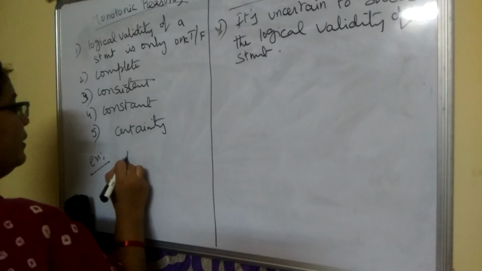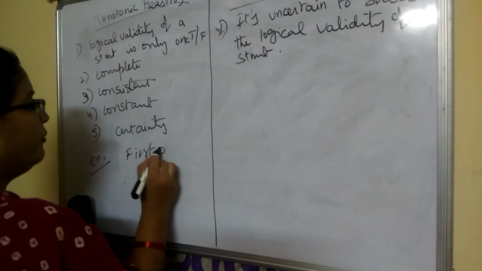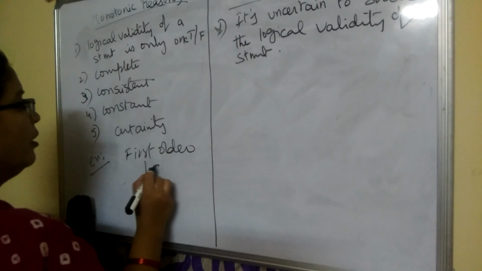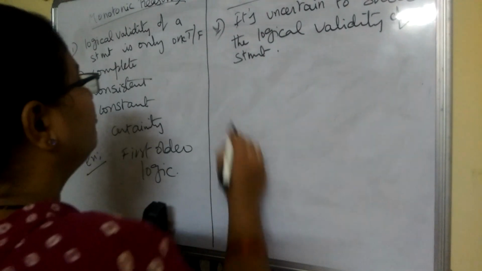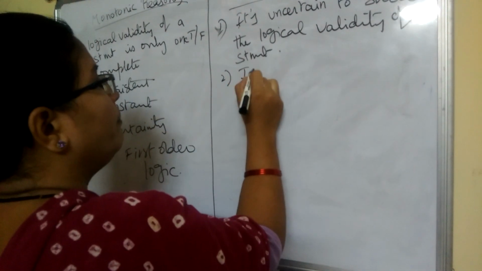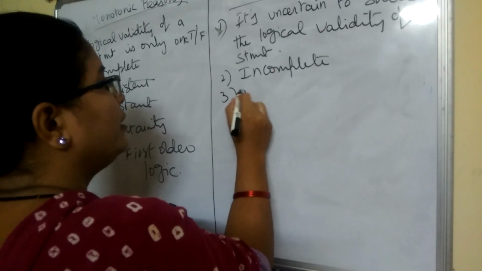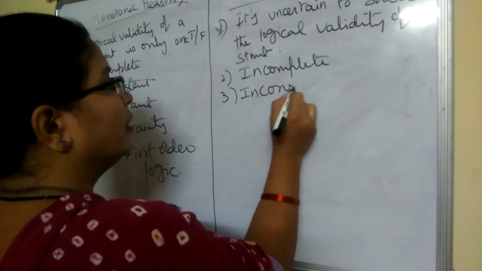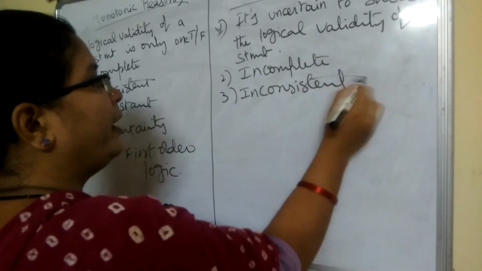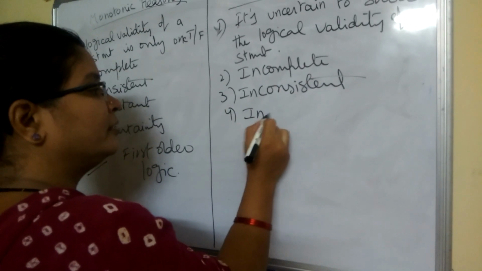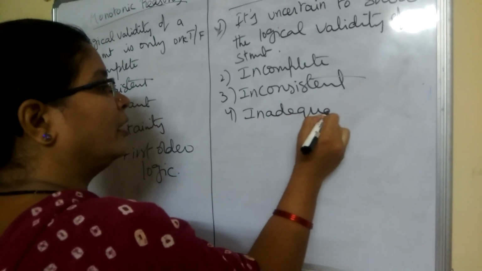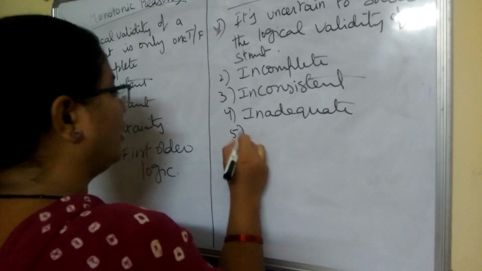The best example is first order logic, whereas here it is incomplete information and inconsistent as well as inadequate, as well as uncertainty.